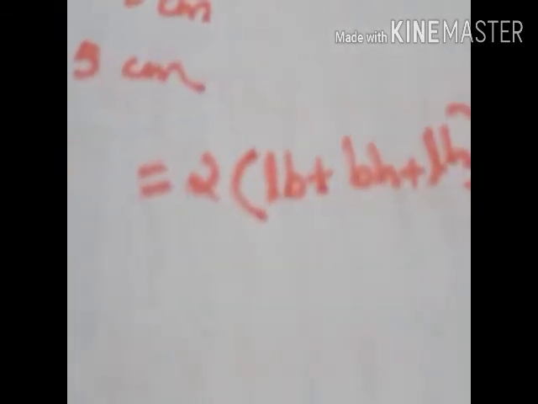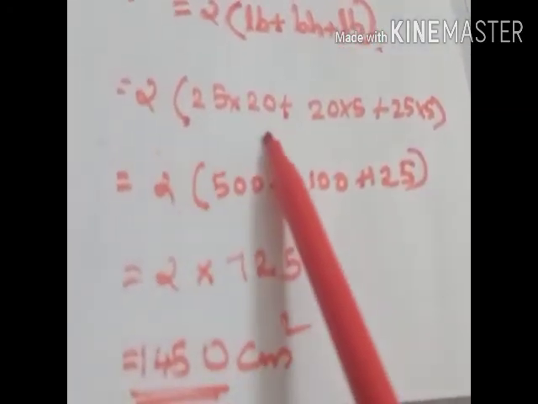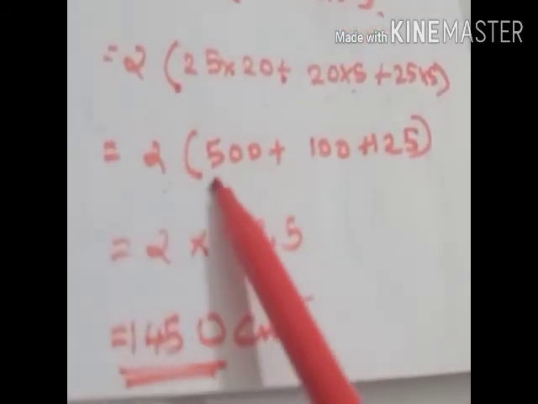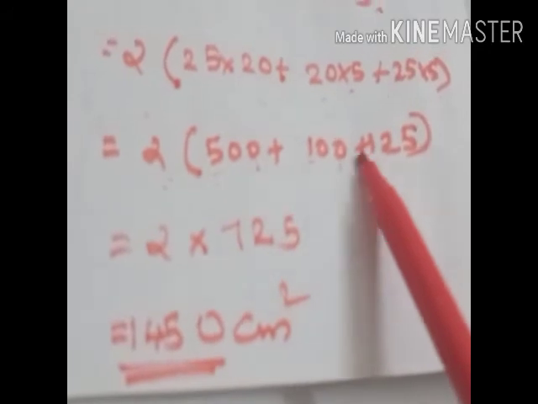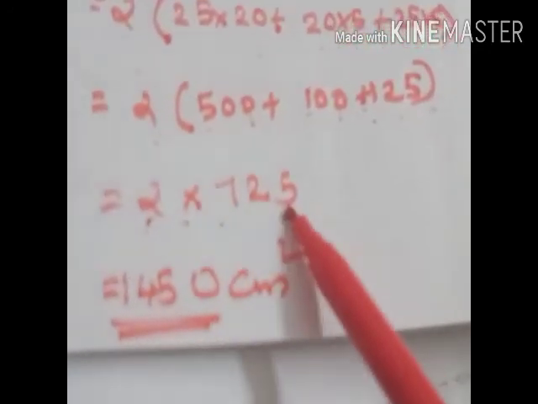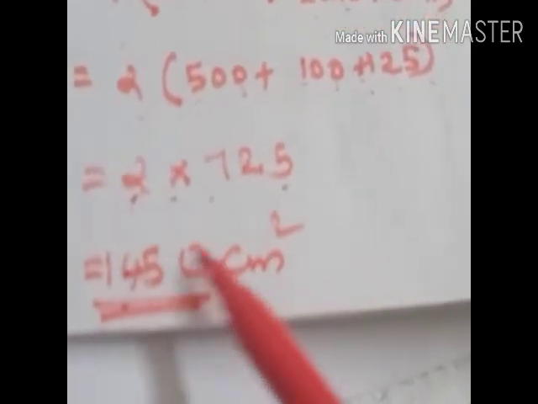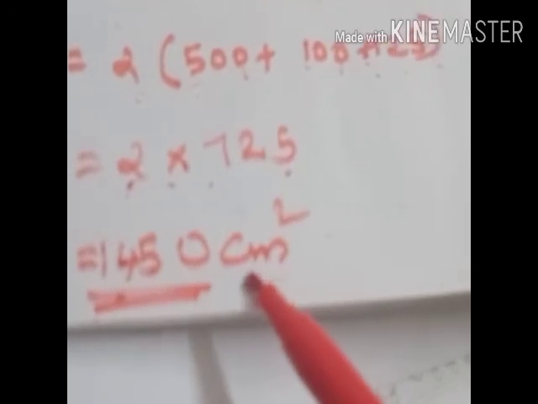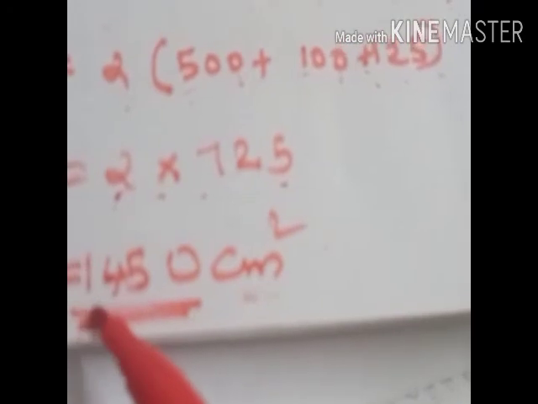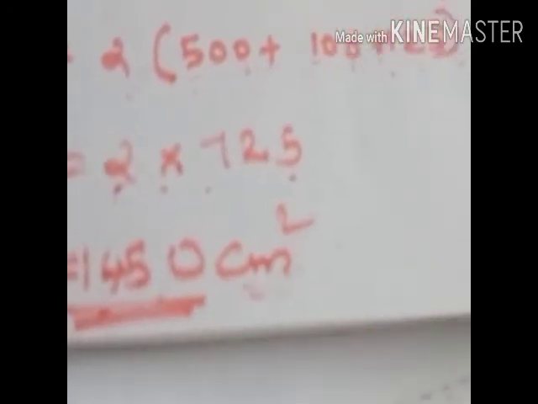Then we have to substitute the values. That is 2 into (25 into 20 plus 20 into 5 plus 25 into 5). That is 2 into (500 plus 100 plus 125). That is equal to 2 into 725. So we will get 1450 centimeters square. So for making one big box, they required 1450 centimeters square of cardboard.